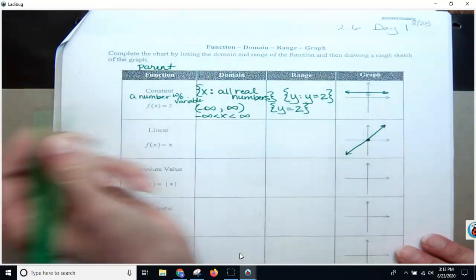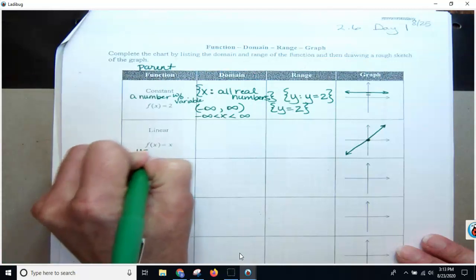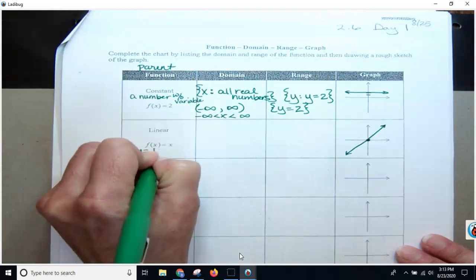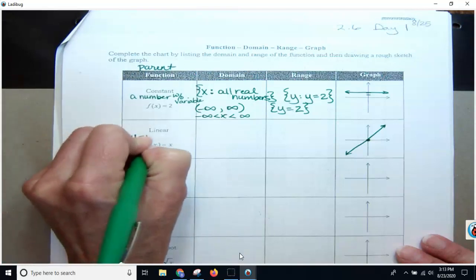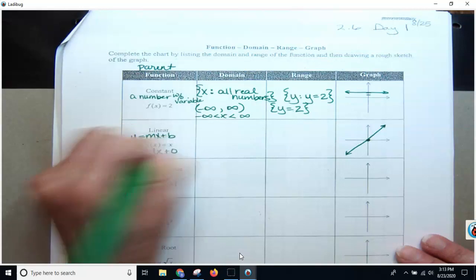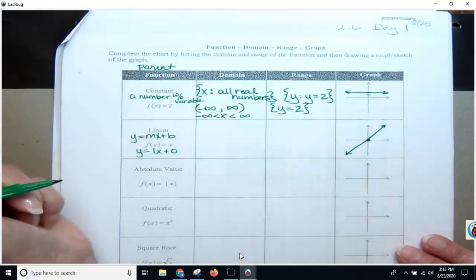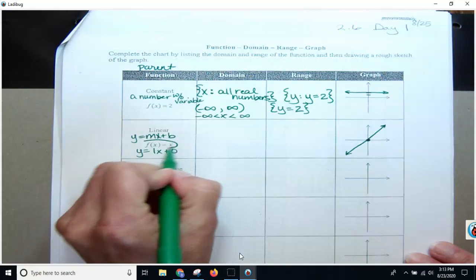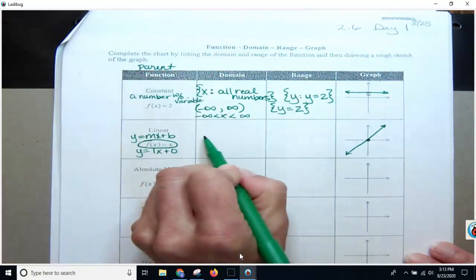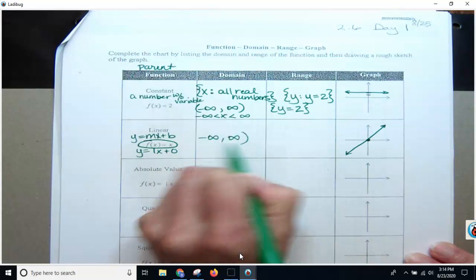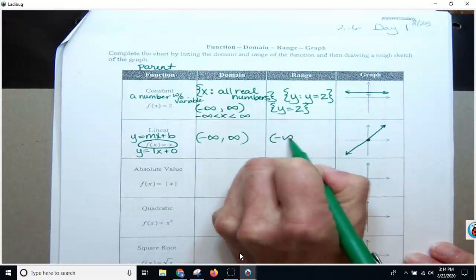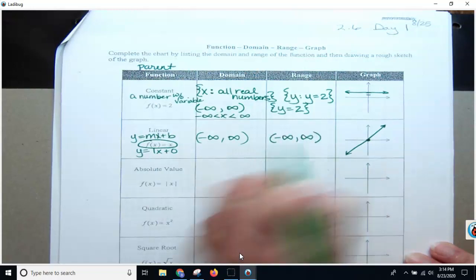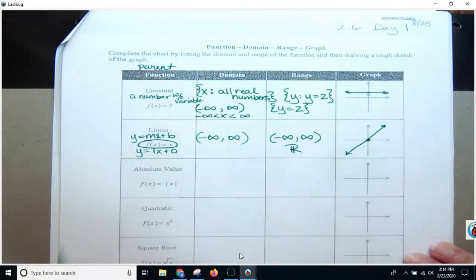This is basically y equals 1x plus 0 if you wrote it in y equals mx plus c form, where your slope is 1 and your y-intercept is 0. But this is your parent function, very important. And so your x, again, is all real numbers, so I'm just going to write negative infinity to infinity. My range also is all real numbers, so negative infinity to infinity, or all real numbers.